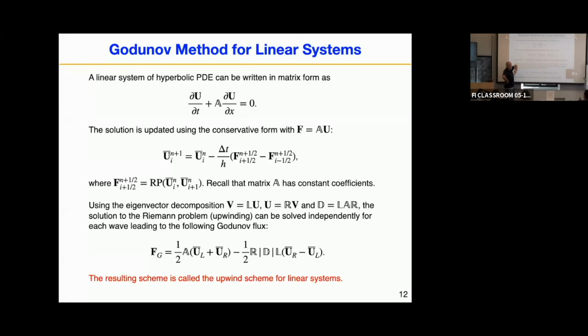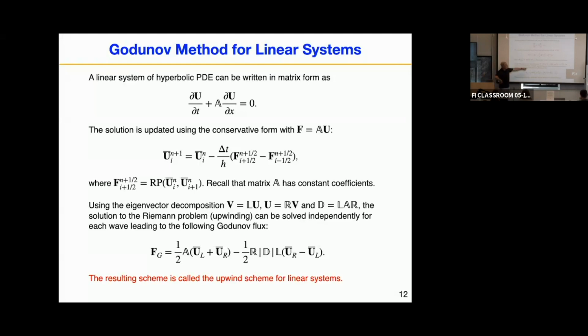Now there is a little bit of magic here, which is that, remember, we have a hyperbolic system of conservation laws, meaning that A has real eigenvalues and associated eigenvectors. Again, it's very abstract on purpose.